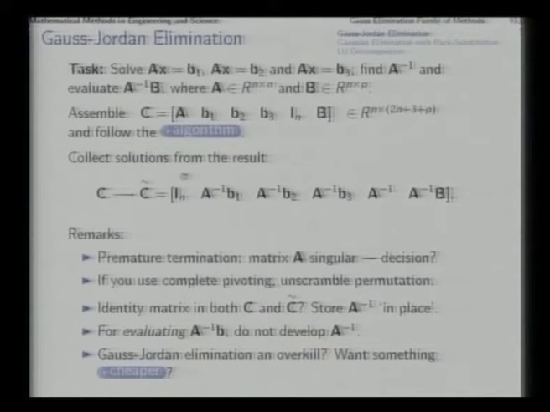C tilde, in which the first n columns will be identity, and what will be there in the next columns?